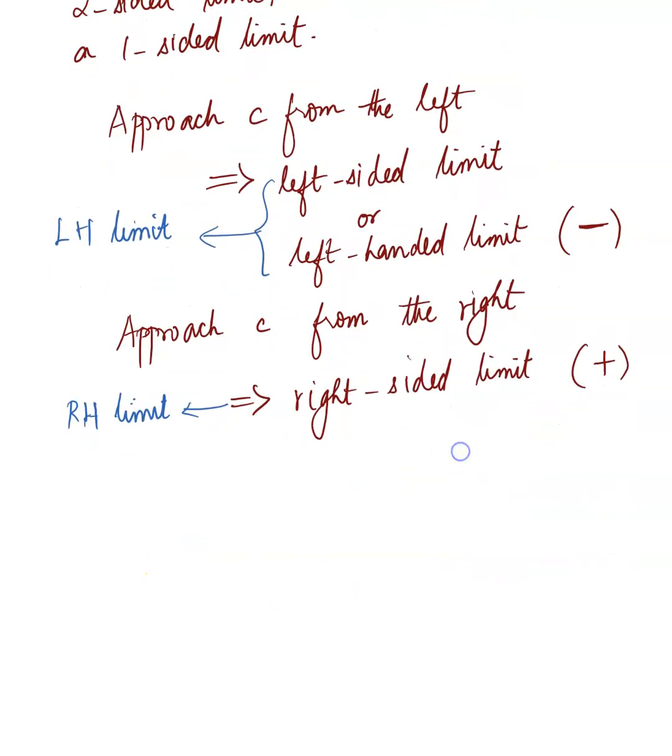So if I were to use the notation, then the left-hand limit would be limit f of x as x approaches C. If I simply say C, it means we're approaching from both sides.